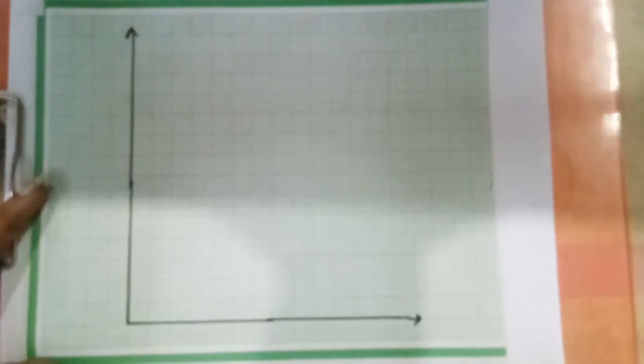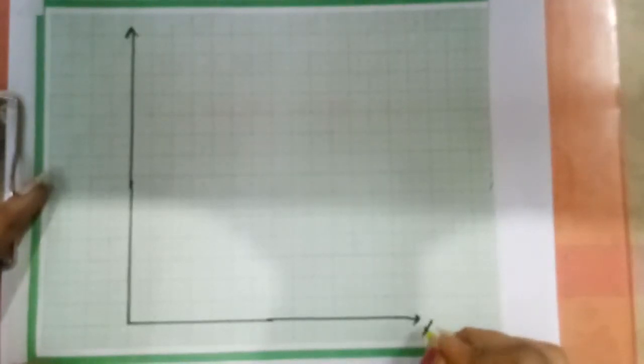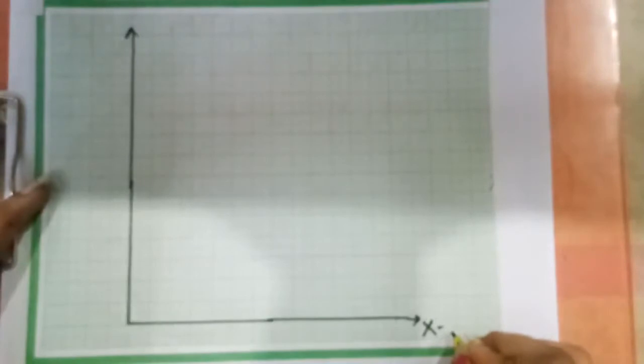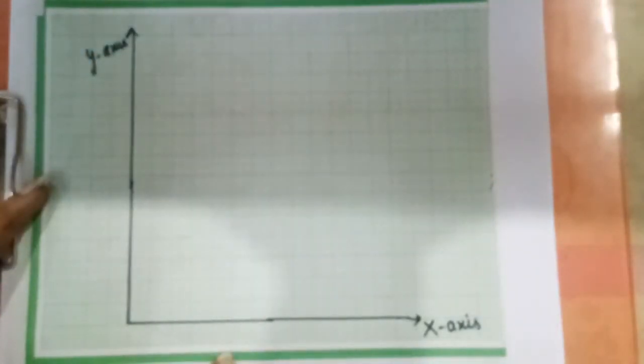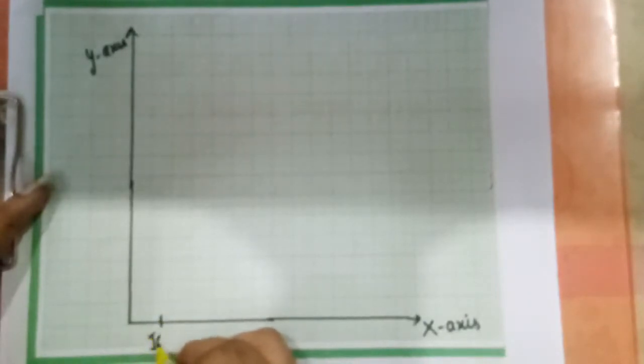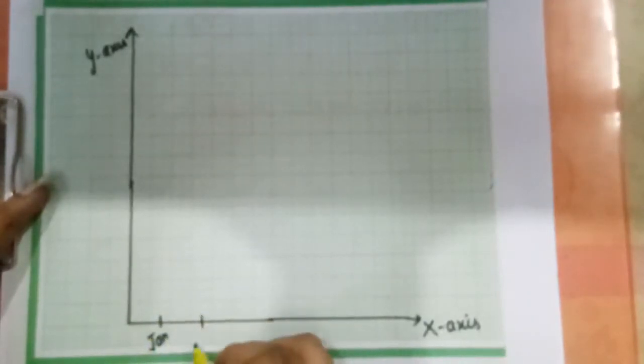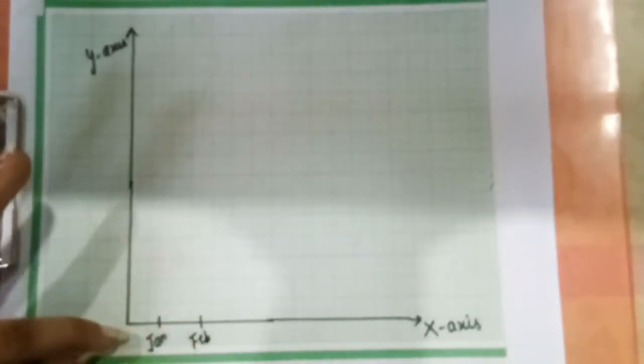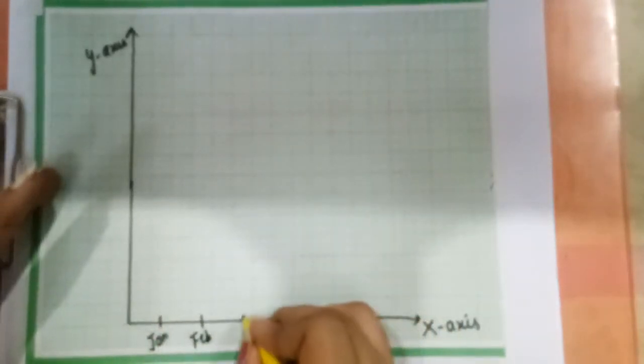So now these are the axes. This is called the x-axis and this is called the y-axis. So here we can plot the months. Leave one box, mark it here, that is January. In the same way, February. Keep in mind, your gap should be equal.